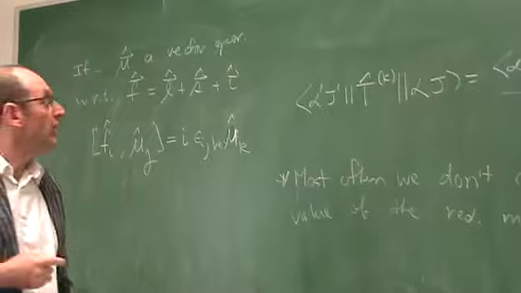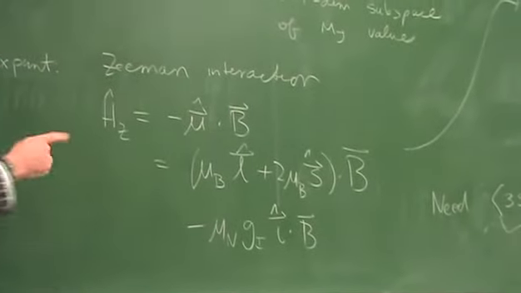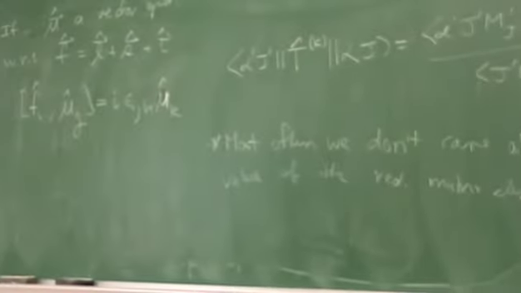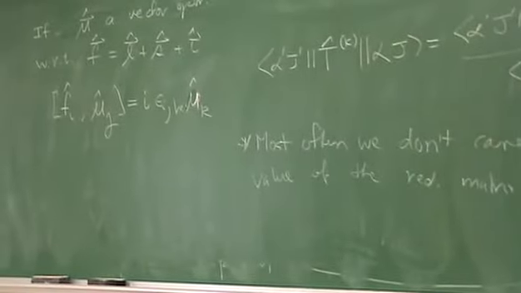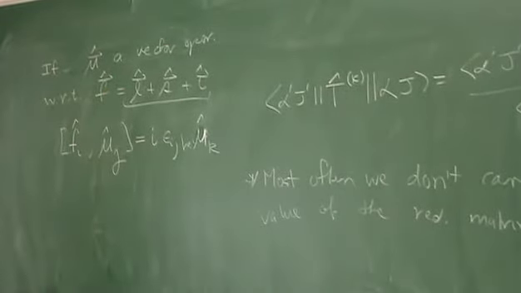And that's certainly true, because each one of these guys has the right commutation relation with the appropriate L, S, or I. And therefore, mu is a vector with respect to the total angular momentum operator F. So that's fine.